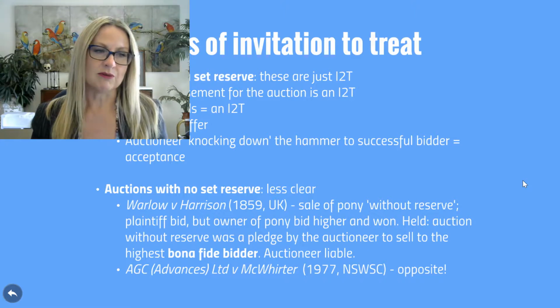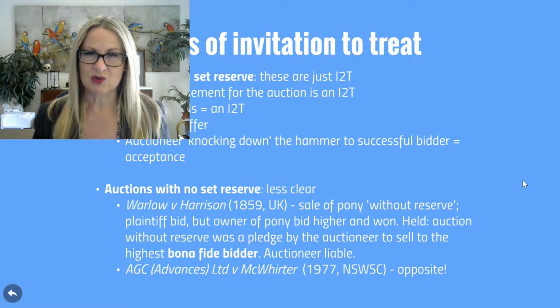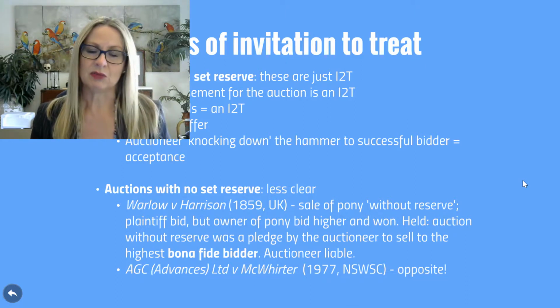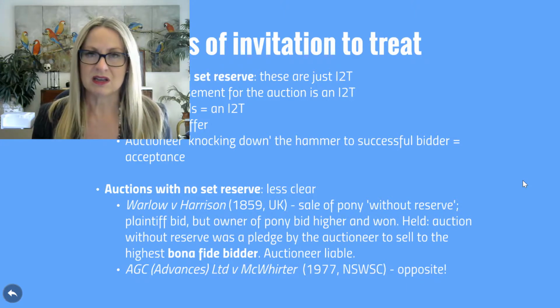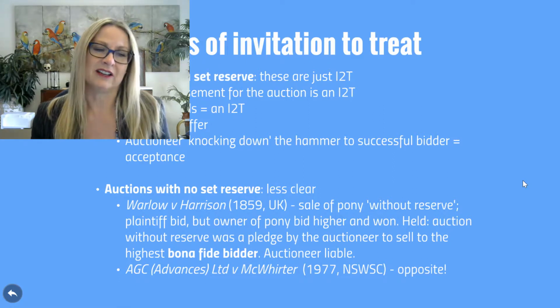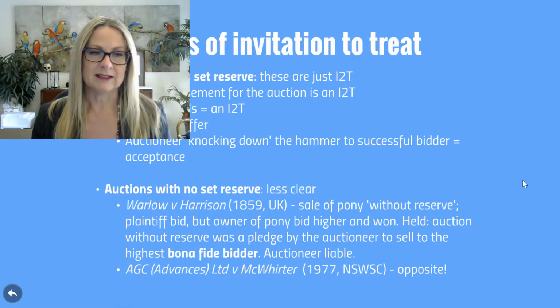In terms of more recent treatment, courts have backed away from that a little bit. And in AGC and McWhirter's, you had a court saying, no, hang on a minute, we actually think that auctions without reserve are just a subset of auctions generally and don't really deserve any special treatment. So here, I guess, is a good example of the fact that these are only just guidelines, and it will often be a particular court with particular facts in front of them that will decide a certain way.